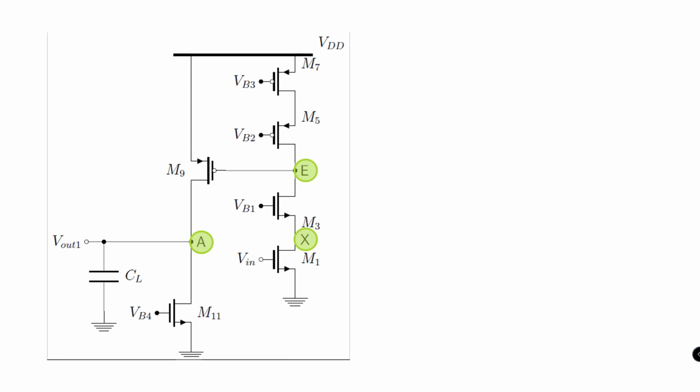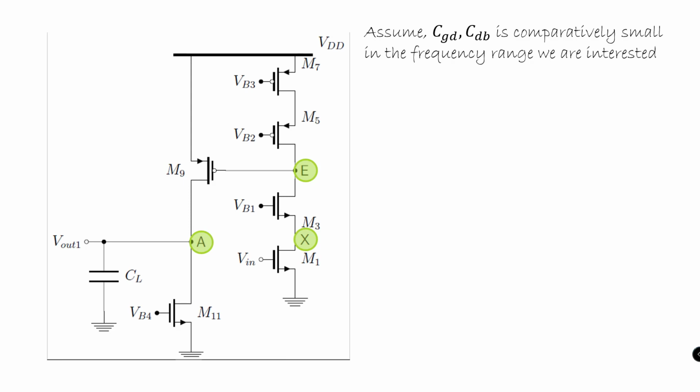So before we talk about the pole locations that are encountered in the signal path, let us assume that the transistors' CGD and CDB are comparatively small in the frequency range that we are interested in. To compute the pole location at node X, one needs the knowledge of the node's capacitance and resistance.